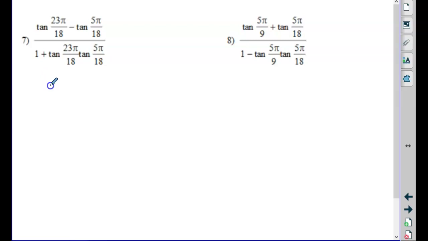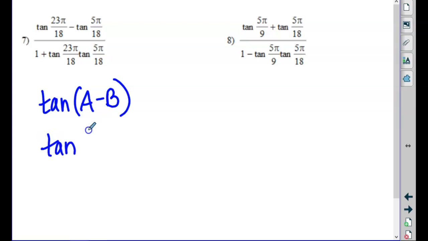Let's do this number 7. Tangent with a minus on top and a plus on the bottom. Tangent A minus B. And our numbers are 23 pi over 18 and 5 pi over 18.